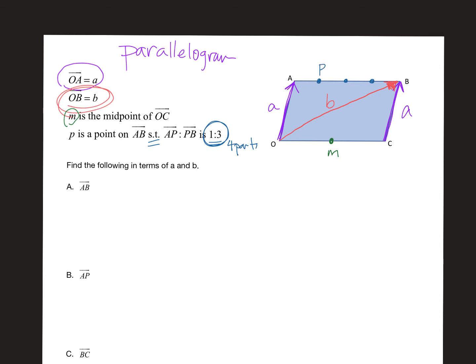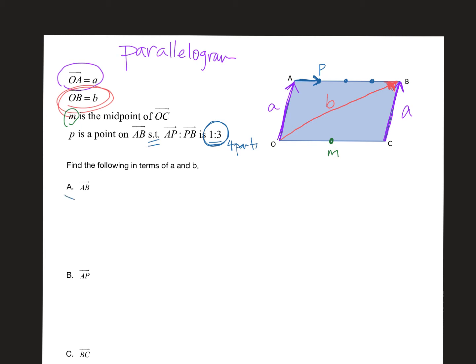Again, think from A to P. From A to P is 1 part compared to P to B, from here to here, which is 3 parts. Okay, so that's what this ratio is trying to tell you. It's telling you where to put it specifically. Okay, so now that I've got this picture drawn, let's see what we can do about these questions.